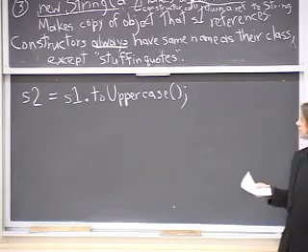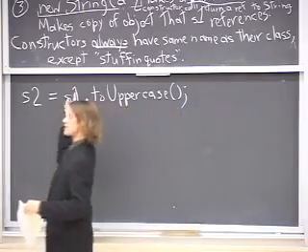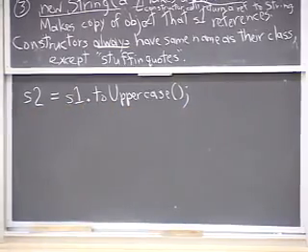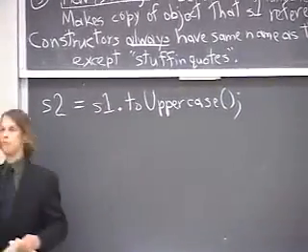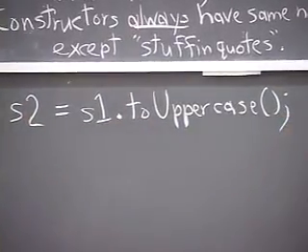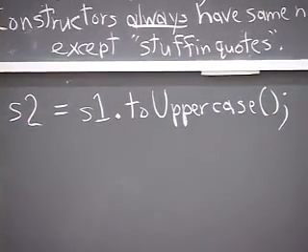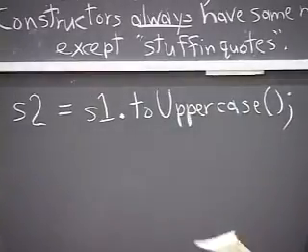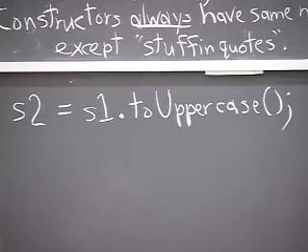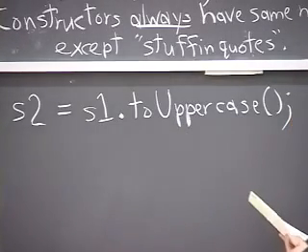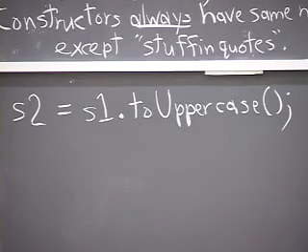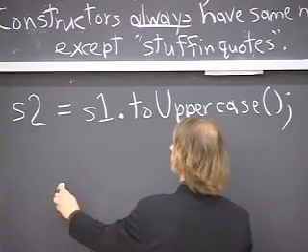And so what that does is it follows S1, this pointer, finds the object that S1 points to, sees that, hey, this is a string, and I want to call this toUpperCase method that operates on strings. What toUpperCase does is it calls a constructor itself that creates a new string, and then makes sure that that string has all uppercase letters and returns that string.